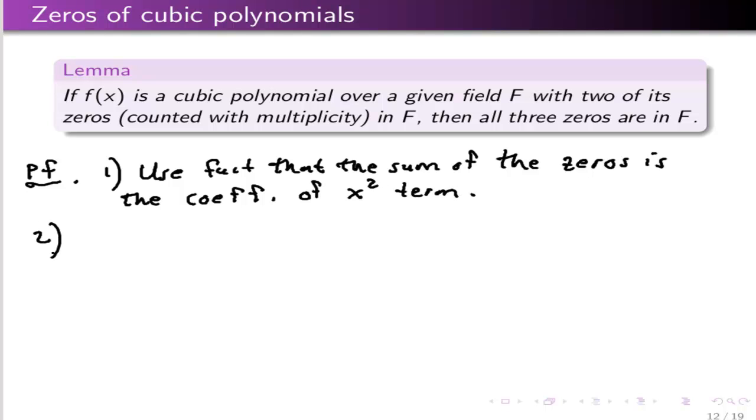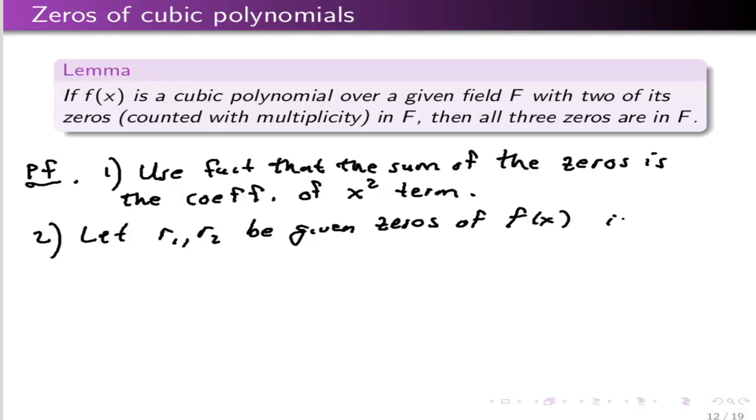Well, let's do a direct proof, not making the assumption that this polynomial completely factors in some extension field, and just use the factor theorem. So let's let R1 and R2 be given zeros of f of x in the field F. So by the factor theorem, x minus R1 must be a factor, and x minus R2 must be a factor.